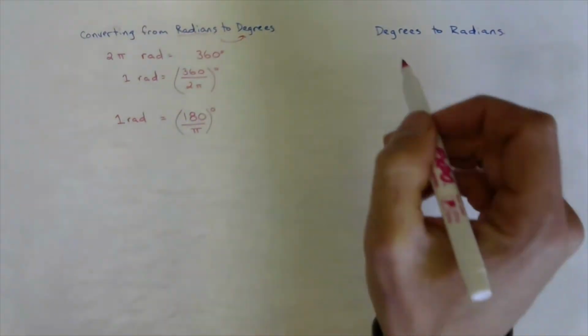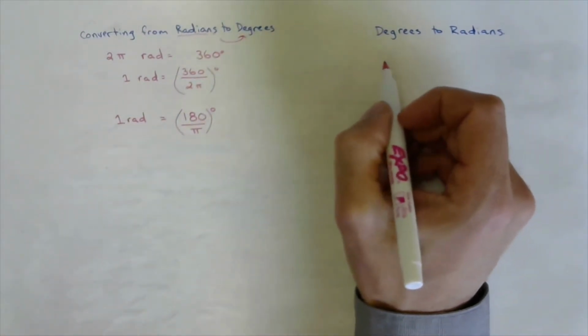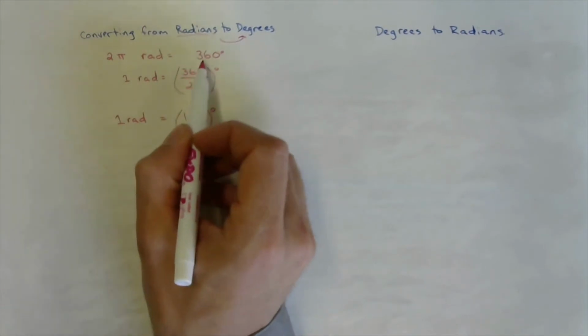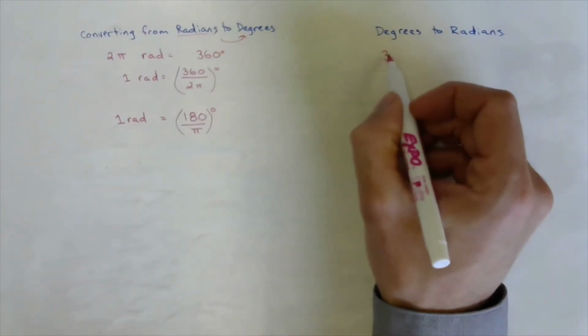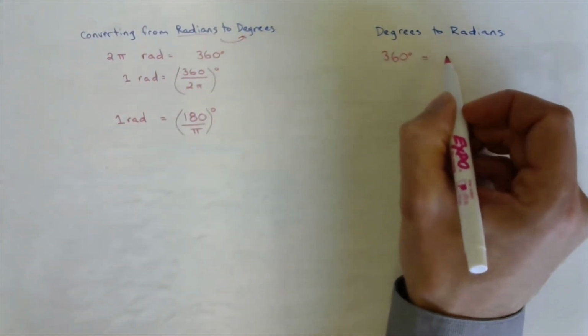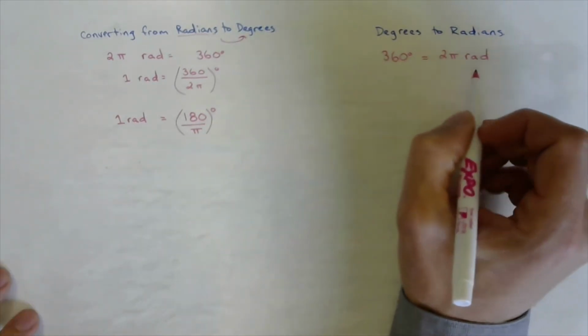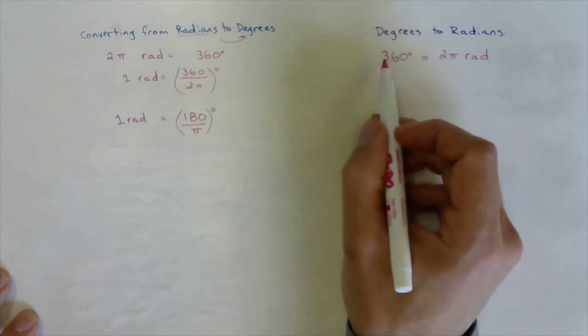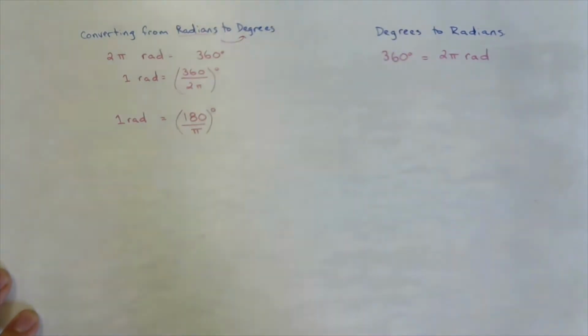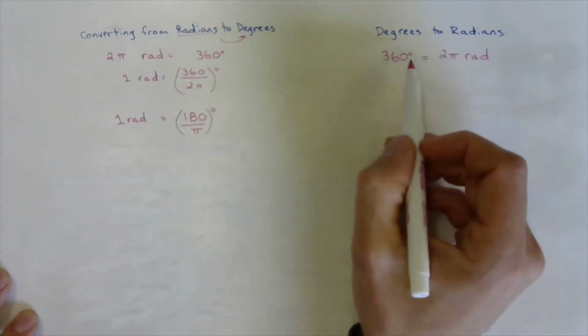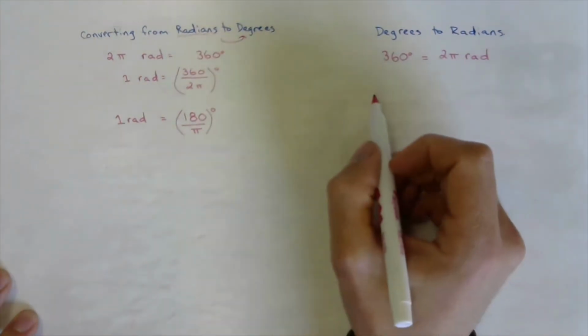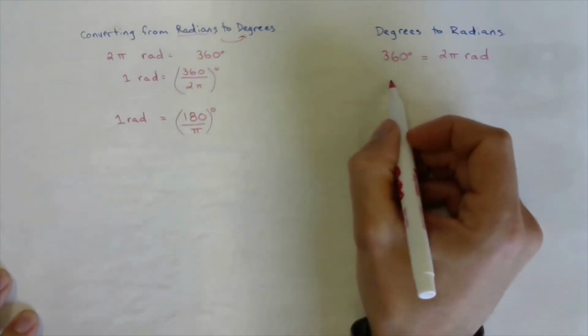We'll use that a whole bunch. What about going from degrees to radians? Well, if 2 pi radians is 360 degrees, then 360 degrees is 2 pi radians. For each degree, if we want to know what just 1 degree is so that we can actually use it in our conversions, we need to divide both sides by 360.